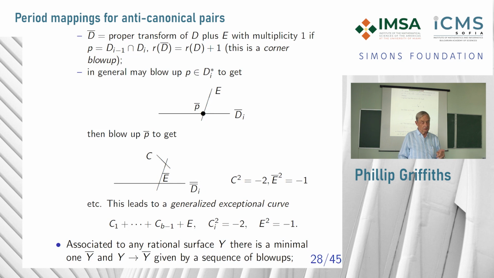Blow up interior points to get an exceptional curve that crosses the interior of a segment. Blow up ones on the corner point, or do these generalized exceptional curves. So whatever your rational surface is, it's obtained from a short finite list of original rational surfaces with anti-canonical cycles by blowing up. Okay.